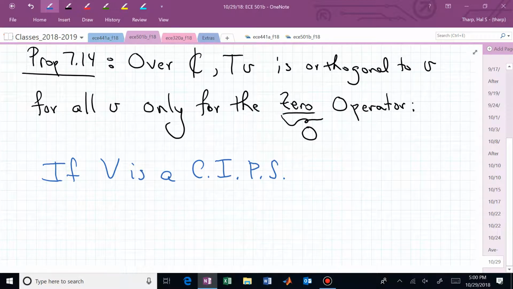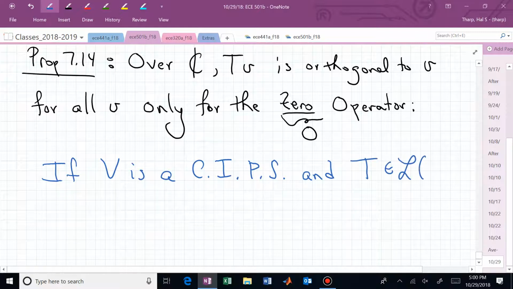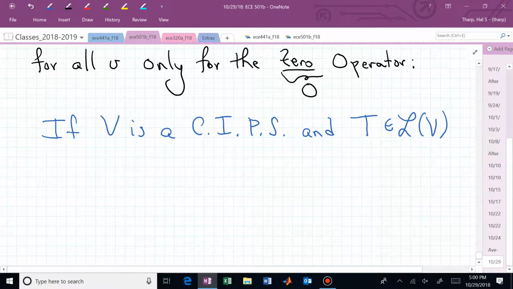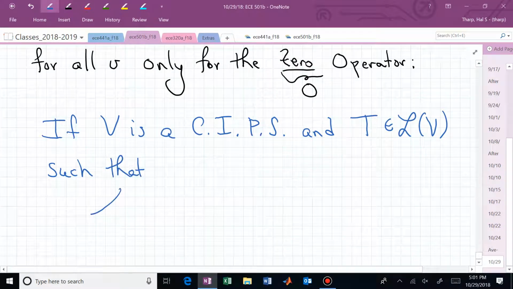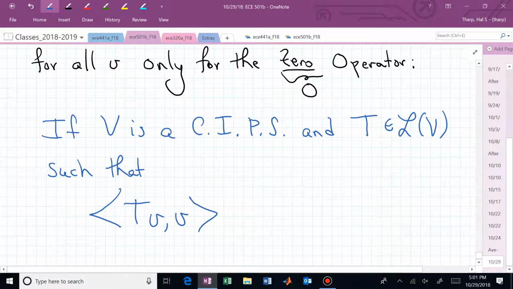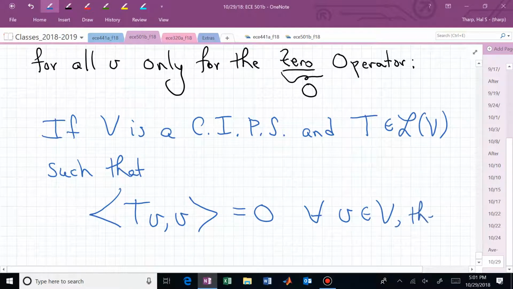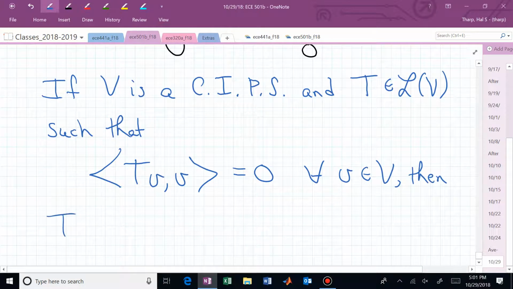So we have now a complex inner product space, and T is a linear operator on that complex inner product space V, such that TV inner product with V is equal to 0 for all V in the vector space V, then T is the zero map. That's all we're saying.